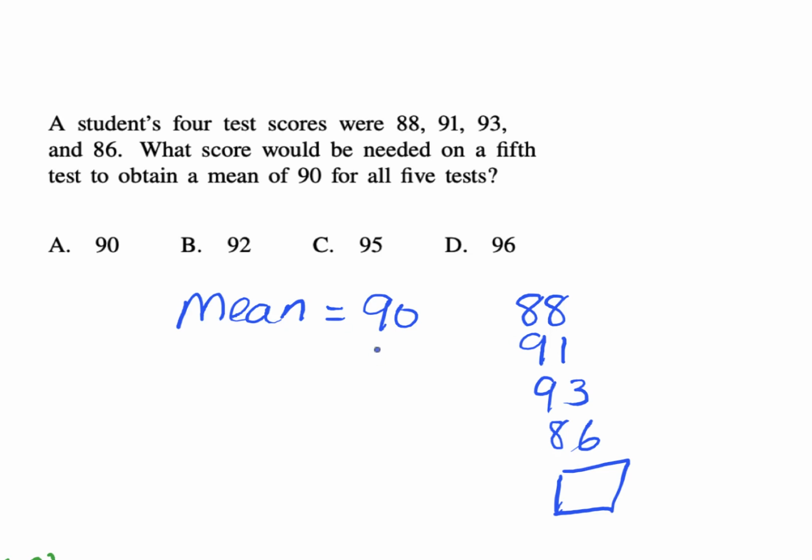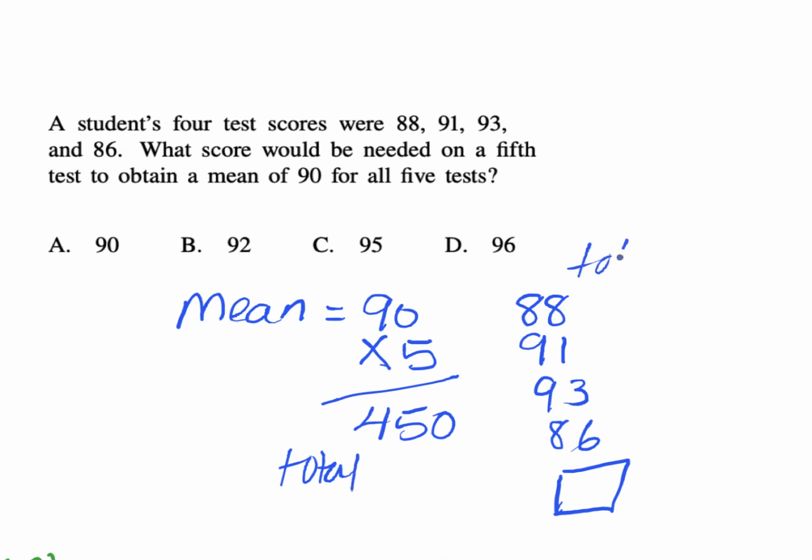Because there are 5 tests, we're going to multiply our mean by 5, and this gives us 450. So we have the total for the mean. We're going to find the total for the test scores, which means we're going to add all of these.